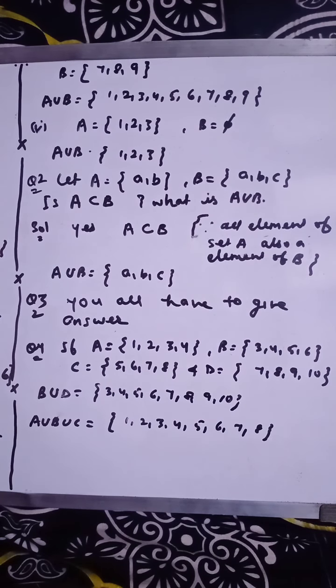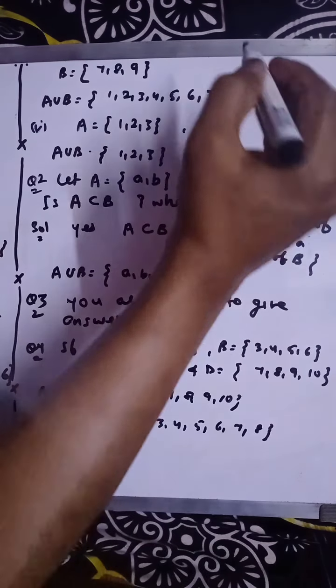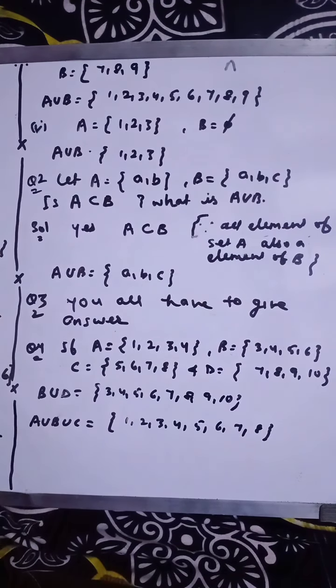So in A, the elements are 2, 3, 4, 5. Here I'm writing the A set.